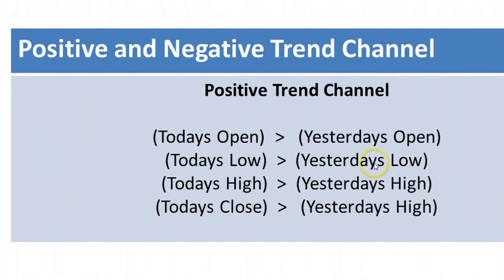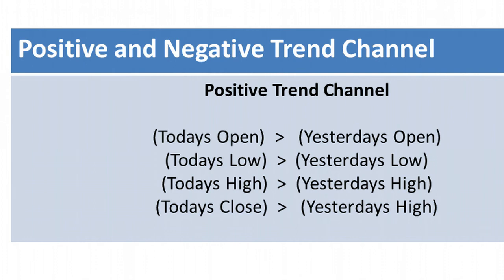And both today's candle and yesterday's candle should be a green candle. I'll again show this later in a pictorial way so that you clearly understand. So this is what we are going to try and identify in the chart.